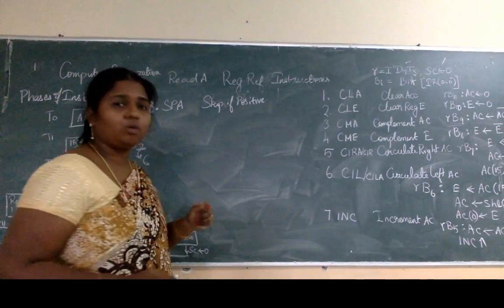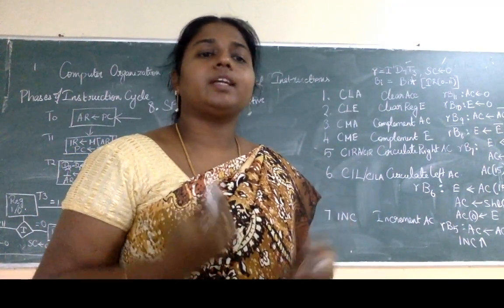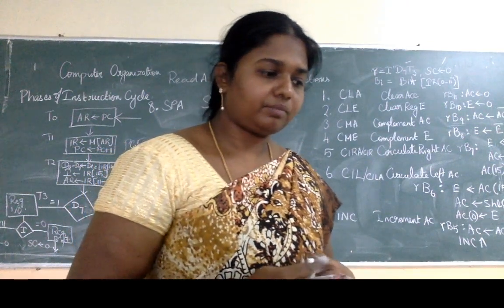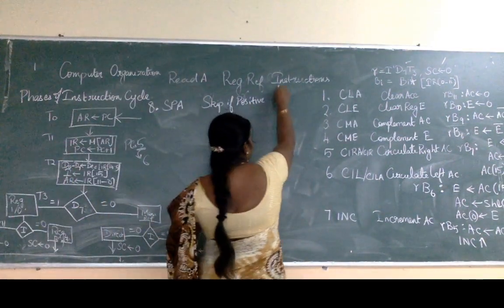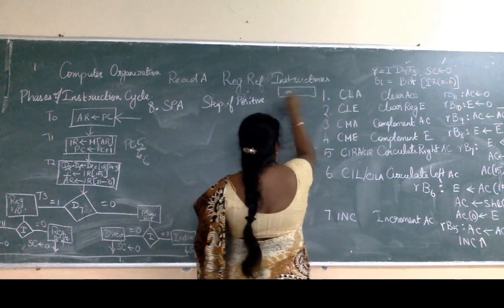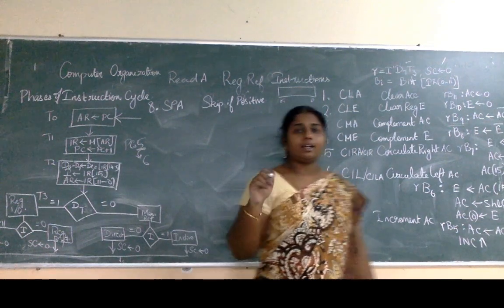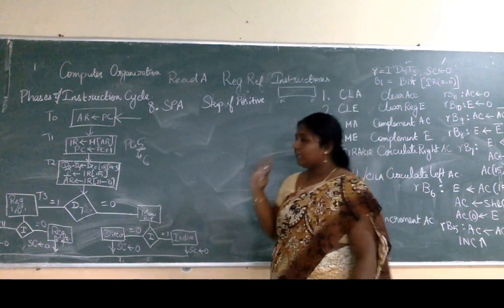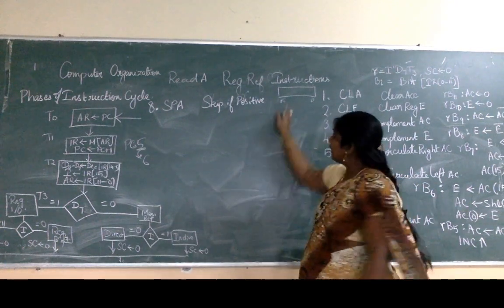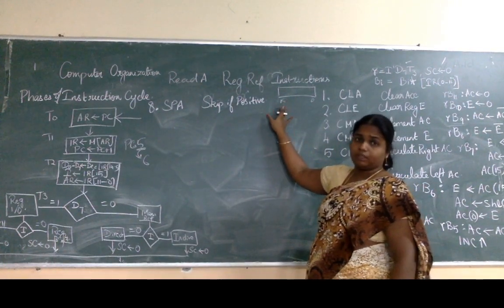How do I find out if a number is positive? When do I say the number is positive? To understand that, you should see how many bits are there in your data. All data which is read from our memory is 16 bits wide, and in any representation the MSB is used for indicating the sign of the number.